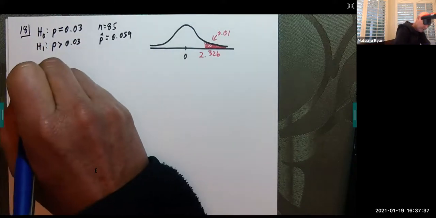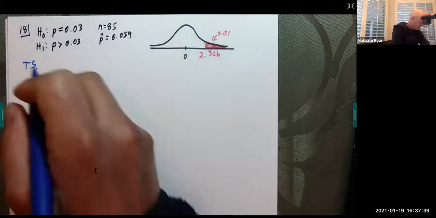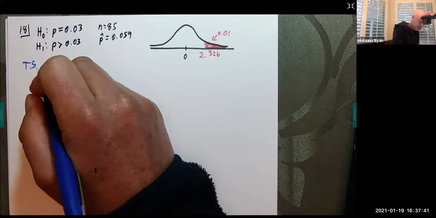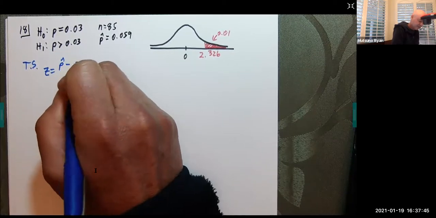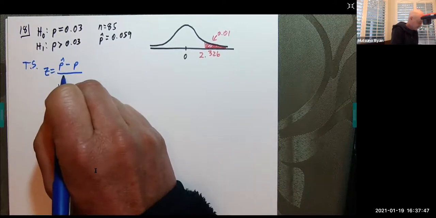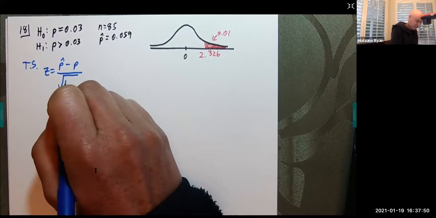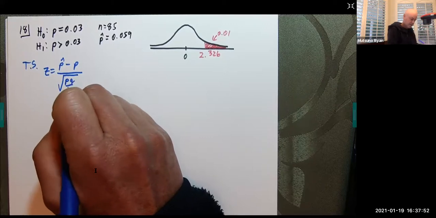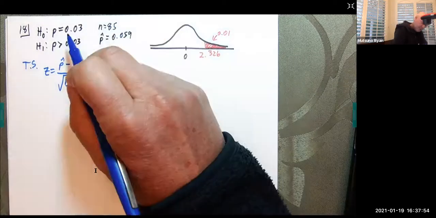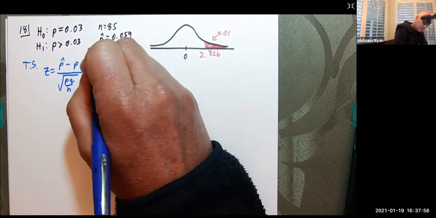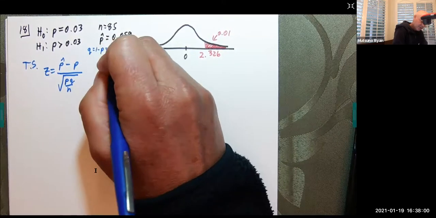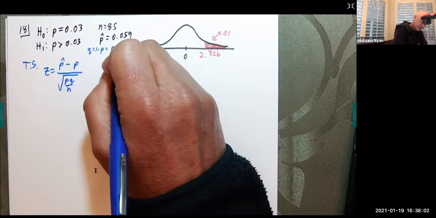So for our test statistic, which is our comparison for here, we're going to go Z is equal to P hat minus P over the square root of PQ over N. And we have N and we have P. Q, if you recall, is 1 minus P. So in this case, Q is going to be 0.97.